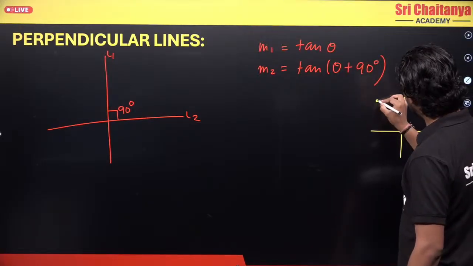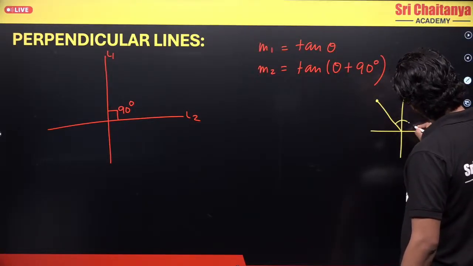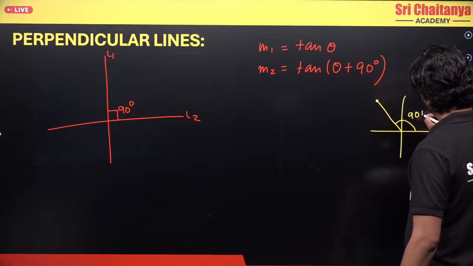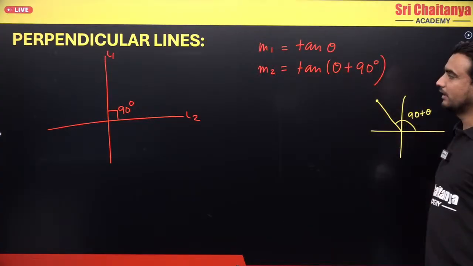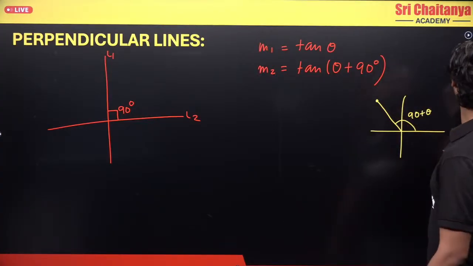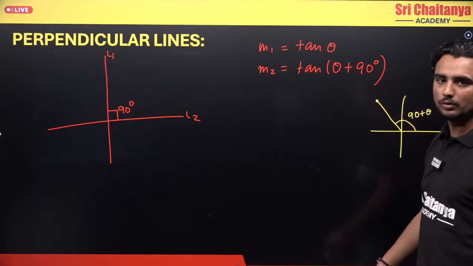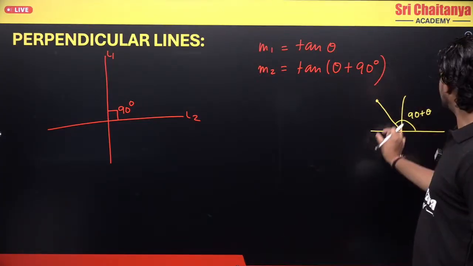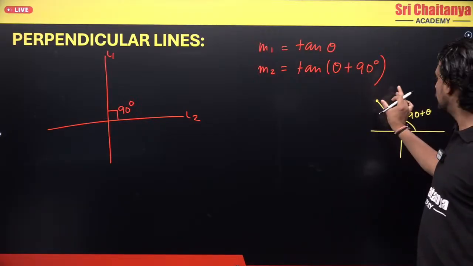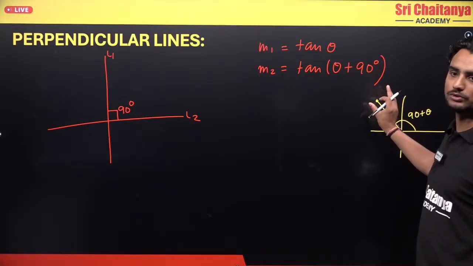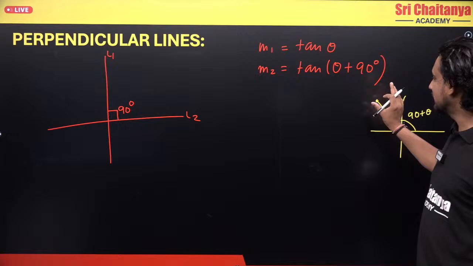It will lie somewhere here, in the second quadrant. What is tan in this quadrant? Because of "all silver tea cups", here only sine and 1 upon sine are positive. So tan is negative.